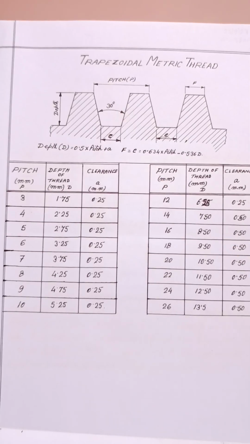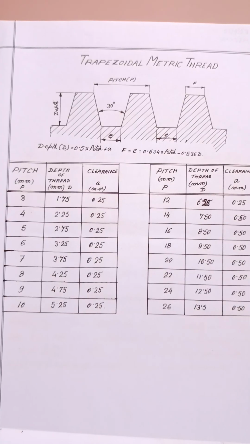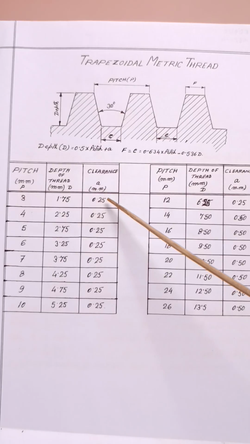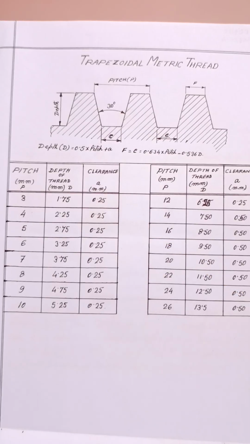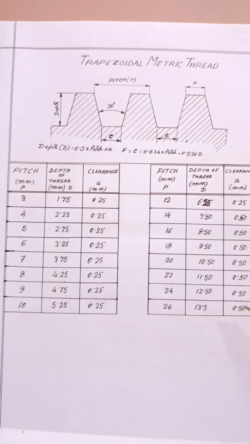When the clearance is not given for 4.5 pitch, we have to determine it. You can see all these clearances are fixed at 0.25 millimeter, whatever the pitch. For 26 millimeter pitch, clearance is 0.5.